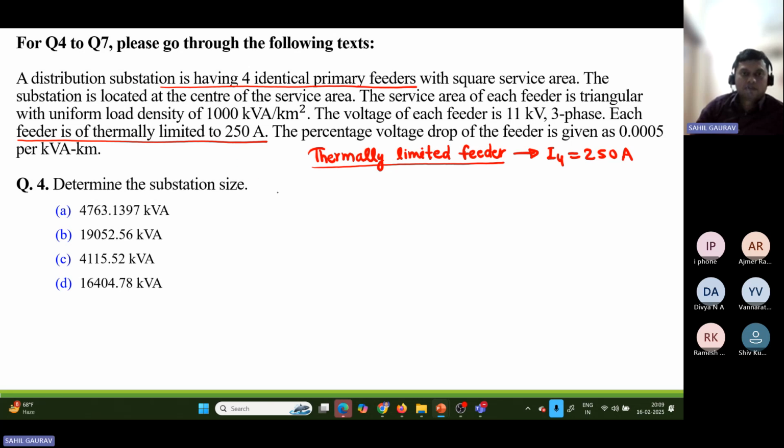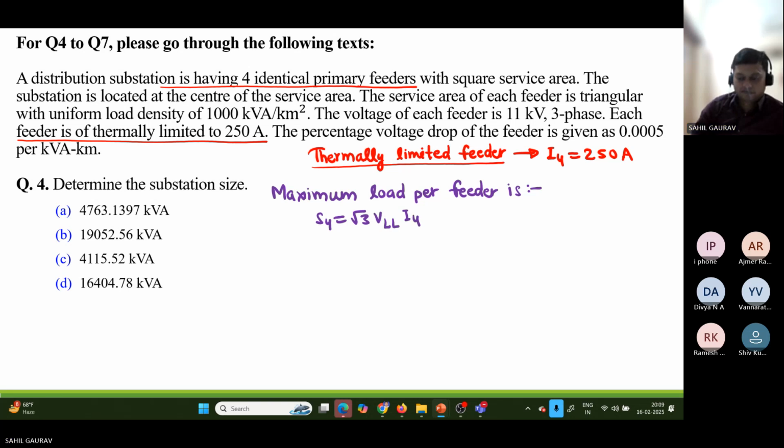So maximum load per feeder is S4, equal to root 3 into line-to-line voltage into I4.